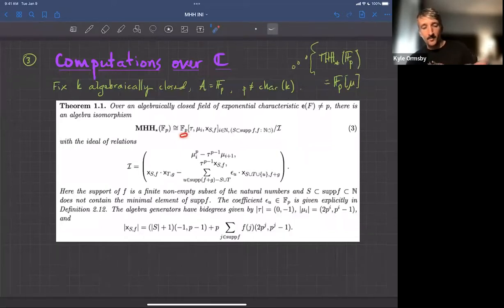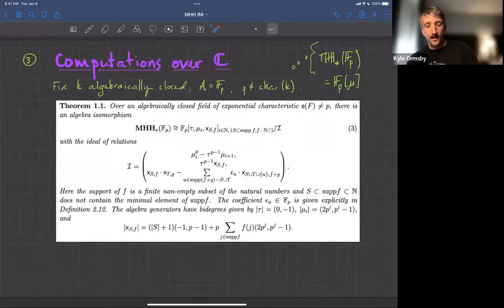So again, it's an F_p algebra. We have a class tau, which is the thing that shows up in Motivic homotopy frequently in degree (0, -1). We have these classes mu_i. Those are very related to this mu and the mu_i's that showed up in the exterior algebra for the THH computation. And then we have these very fascinating x_f classes.